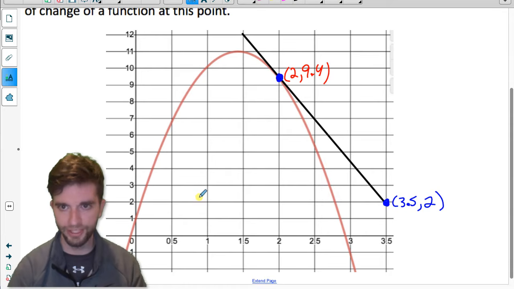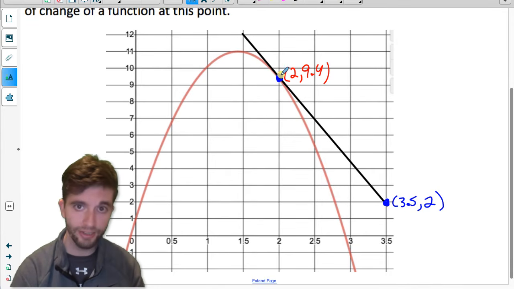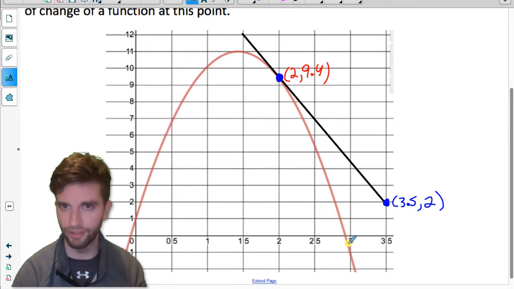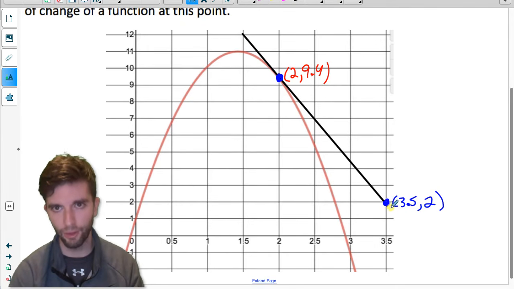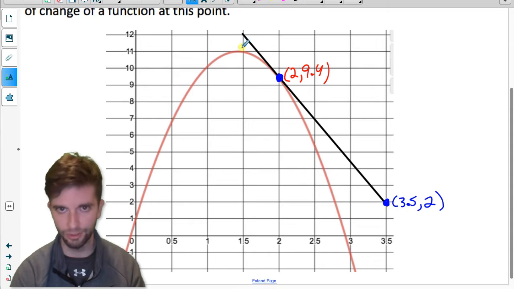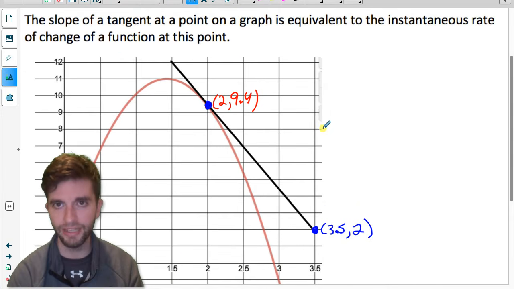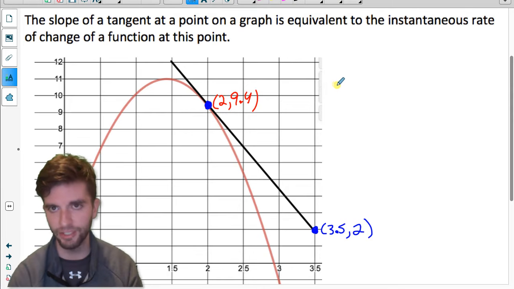So if I want the slope of the tangent line, I know one point on the tangent line for sure, and another point that may be close to being on the tangent line. Let's find the slope of the line connecting those 2 points, and then that's a good estimate for the instantaneous rate of change of the height function at that single point. Since we're estimating an instantaneous rate of change, let's use the notation for instantaneous rate of change.